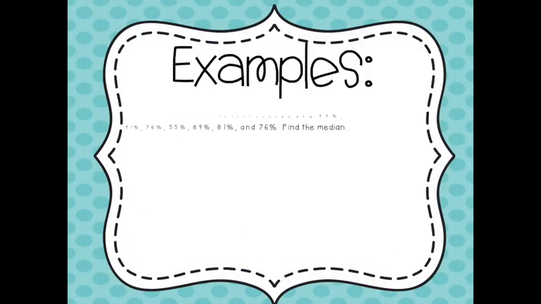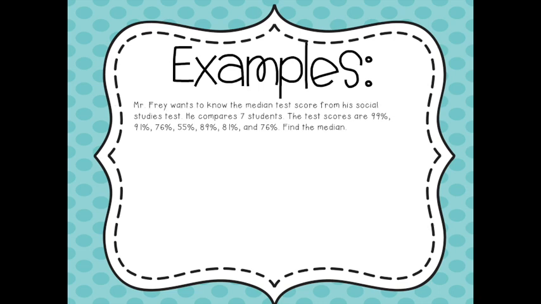All right, another example for you. Mr. Fry wants to know the median test score from his social studies test. He compares 7 students. The test scores are 99%, 91%, 76%, 55%, 89%, 81%, and 76%. Find the median. Think to yourself, what is step 1 in finding the median?